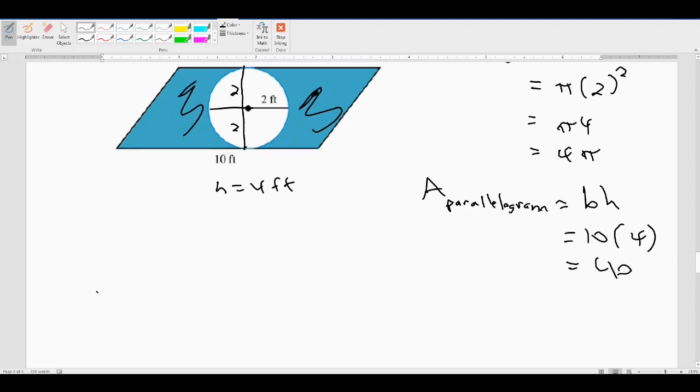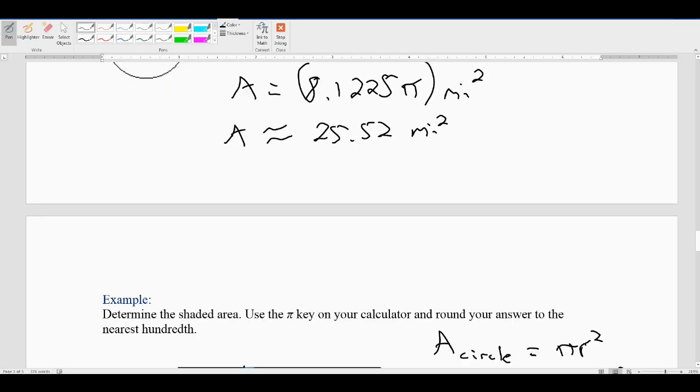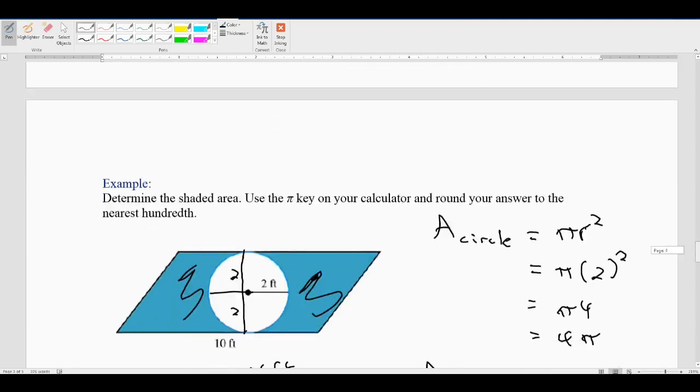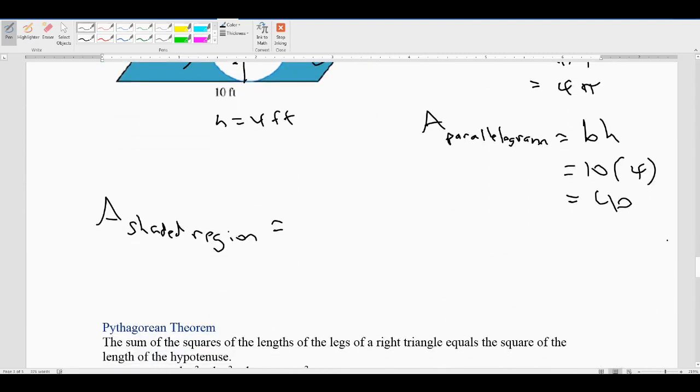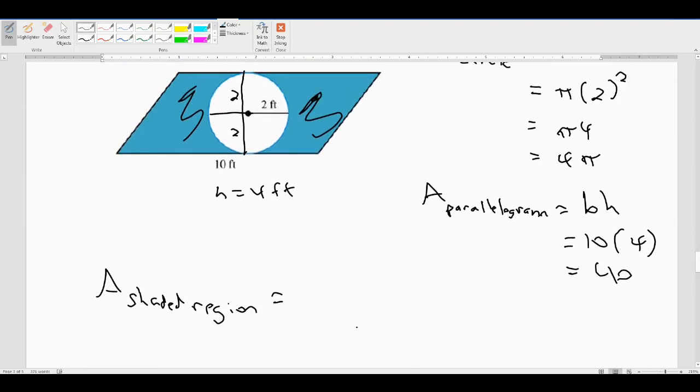So the area of the shaded figure, shaded region, is found by using the area of the parallelogram minus the area of the circle.